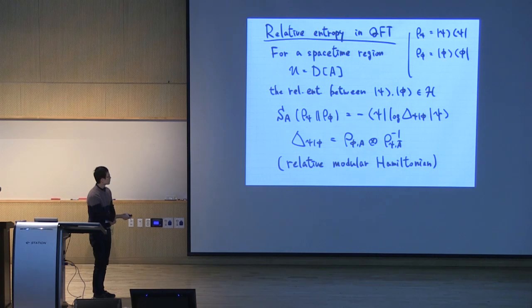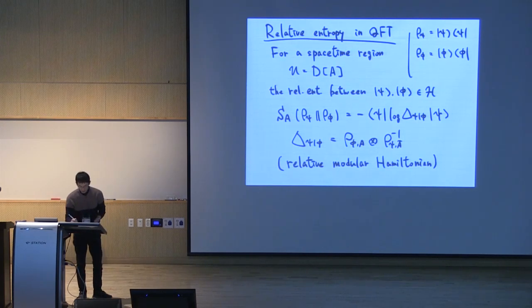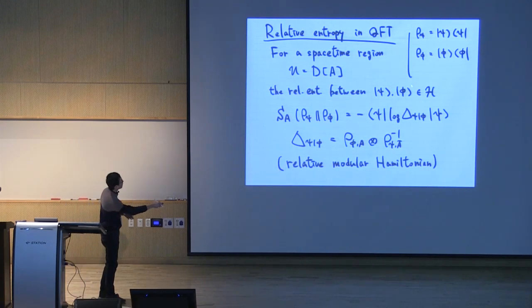Well, that's a good question. Basically, this relative modular Hamiltonian is defined for the whole space, not only for a subregion A and A bar. It is an operator acting on the total space, and the states psi and phi are vectors in the total Hilbert space.